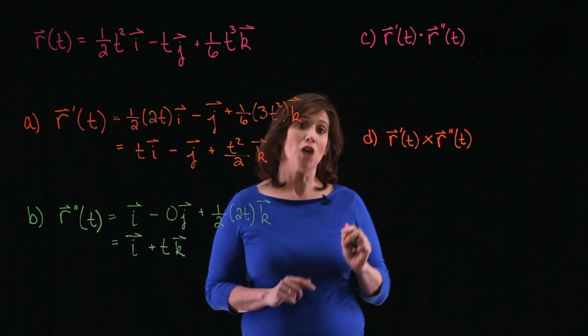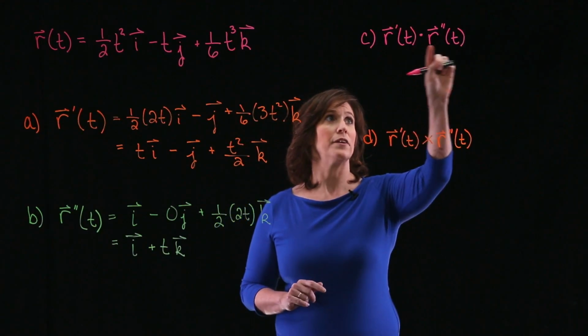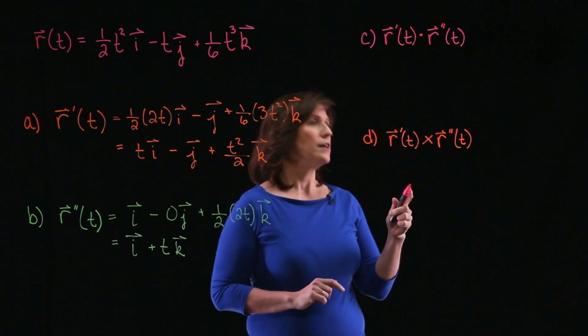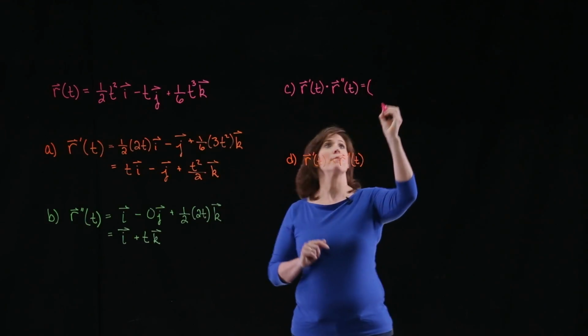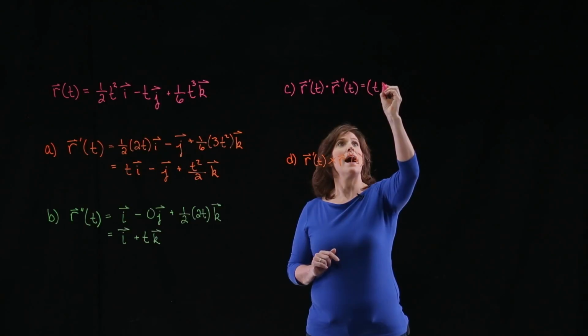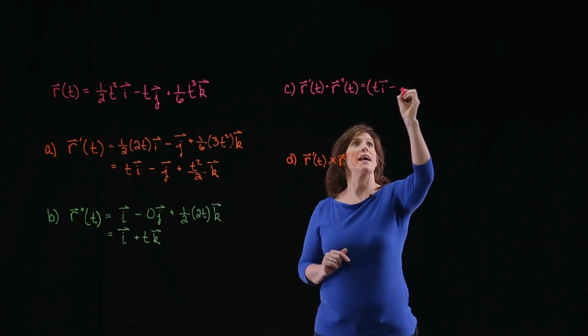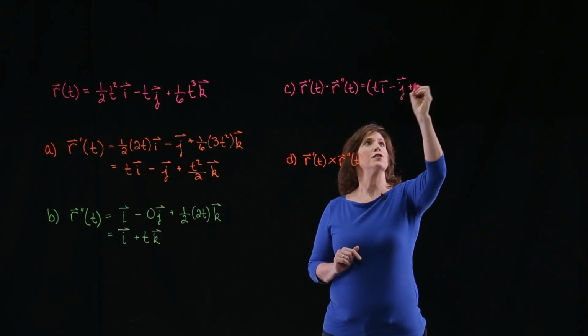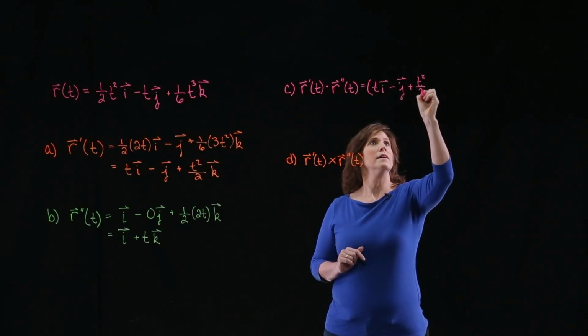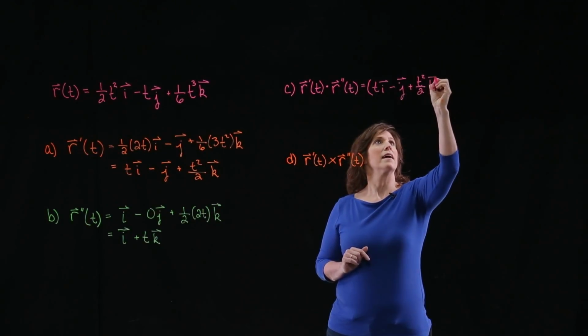Now I'm going to find the dot product of my first derivative and my second derivative. So let me copy those down here for just a minute. My first derivative, remember, was ti minus j plus t squared over 2 times vector k.